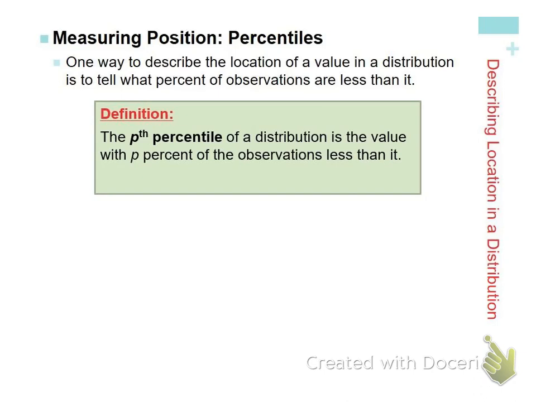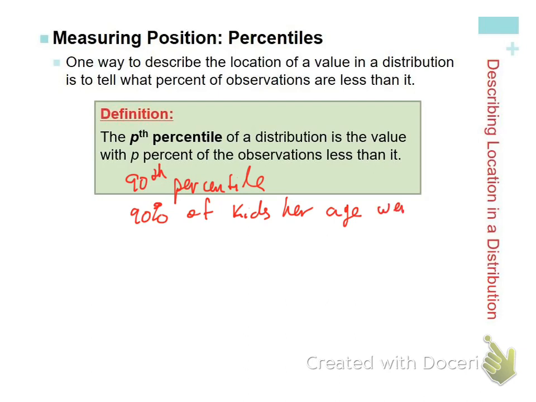In other words, for Haley to be in the 90th percentile meant that 90% of kids her age were shorter than her.